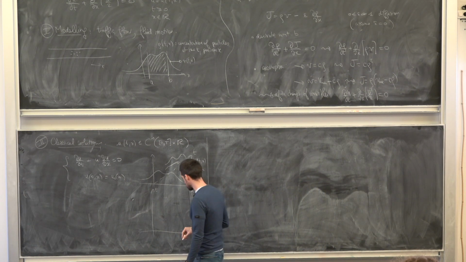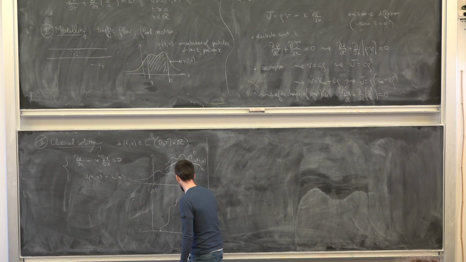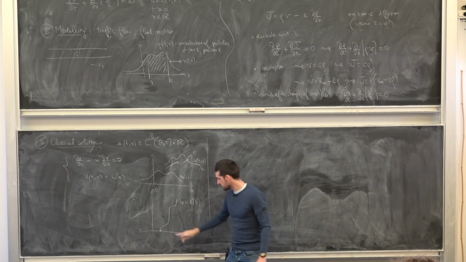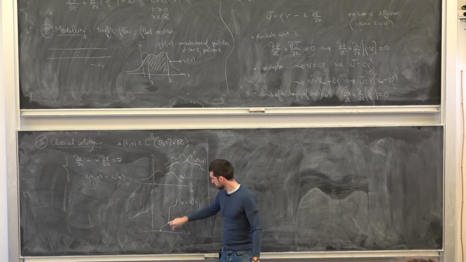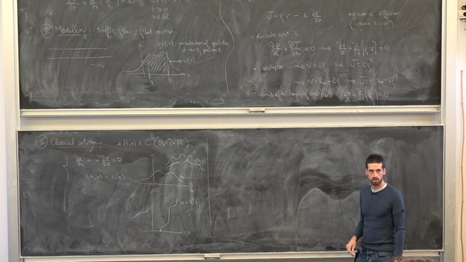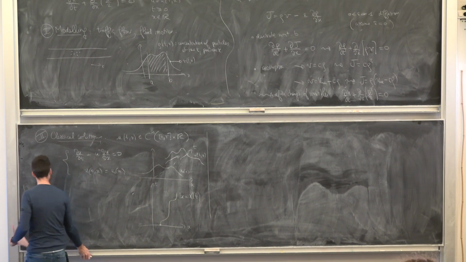And for instance, the type of stuff you would like to understand is, okay, what if I fix a curve, say x equals capital X of t, and I want to understand, if I know the solution here, am I able to understand what it does along this curve? Okay, so in some sense, this is how you want to solve your equation.